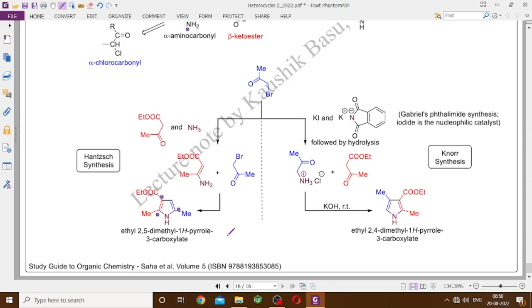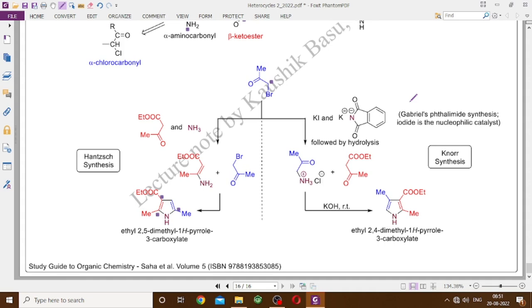But suppose you divert this and do the reaction where you promote the Knorr synthesis. For the Knorr synthesis, you don't need the enamine, but you need the alpha aminoketone. So you must have a nitrogen nucleophile here. That can be done by the Gabriel phthalimide synthesis in presence of potassium iodide, which will act as a nucleophilic catalyst.